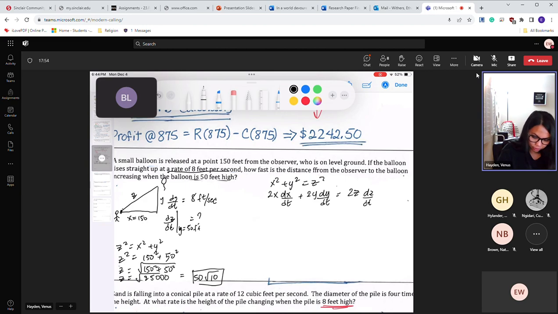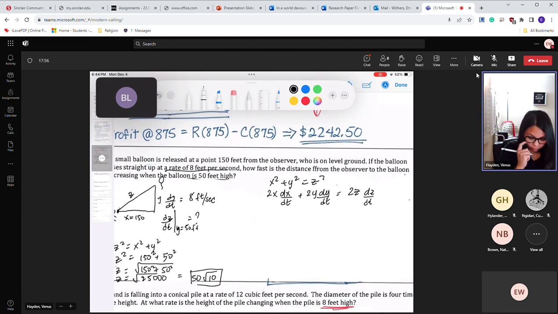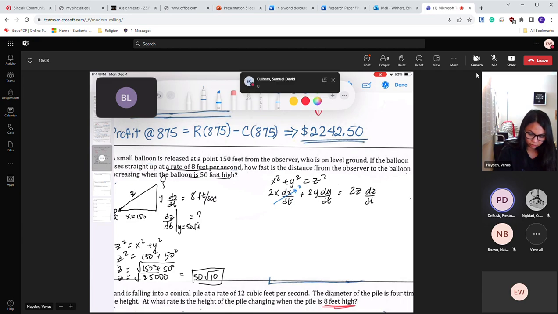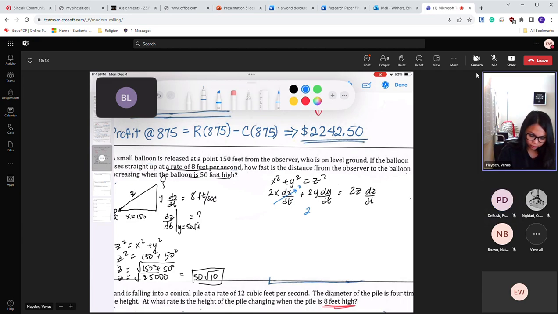You could plug in 2 times the value of x, which is 150. But remember, dx/dt is equal to what? If x is equal to 150, what will be its derivative? 0. It goes to 0. So that whole term goes to 0, and we're left with 2 times y dy/dt is equal to 2z dz/dt.